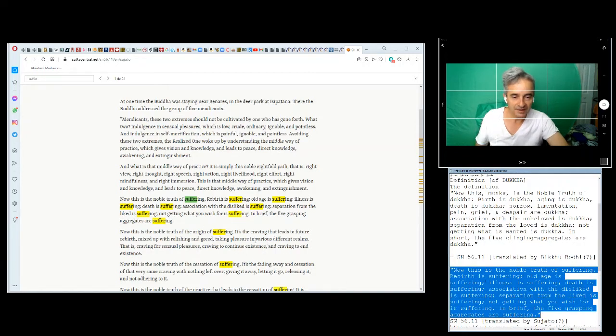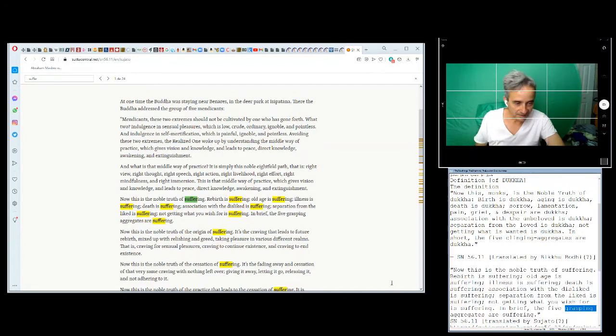Let's see. Go back to Bhikkhu Bodhi. Let's go back to this one. No, this one. No, this one. No, it doesn't give who translated it.